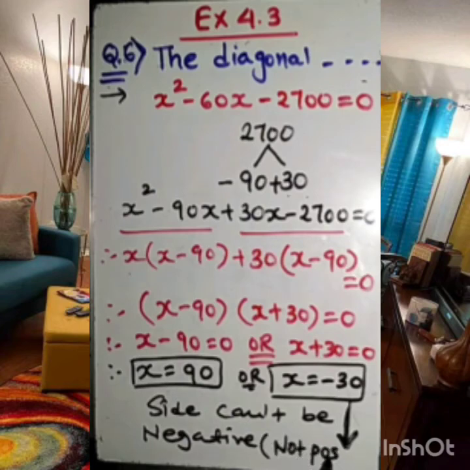So this is not possible. So the possible value is x equal to 90, as they have asked us to find the sides of the field. So one side is x and the another side is x plus 30. So let's substitute the value and write the final answer.